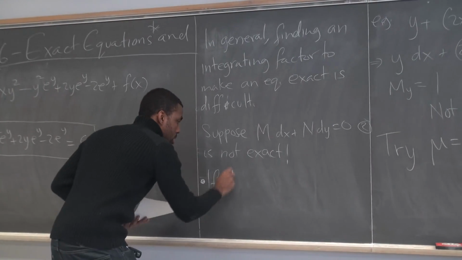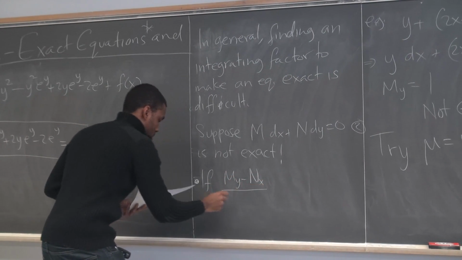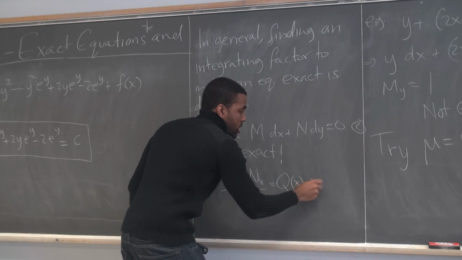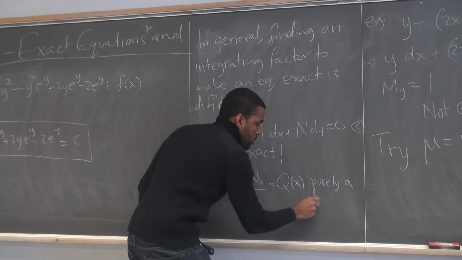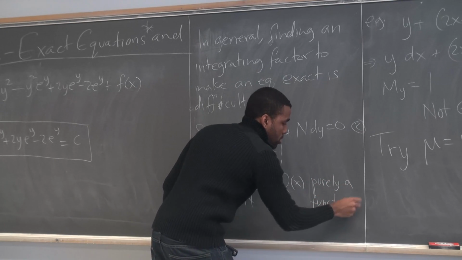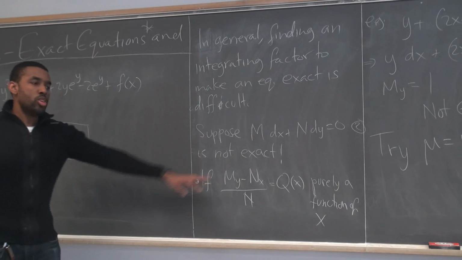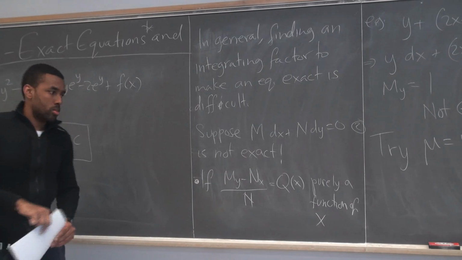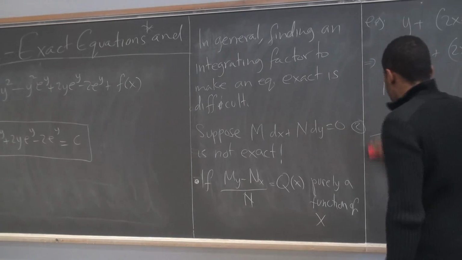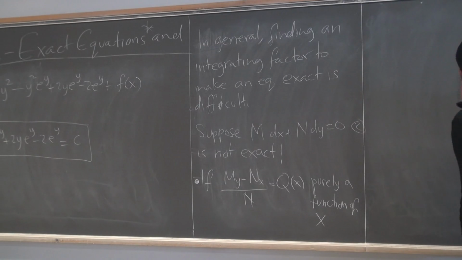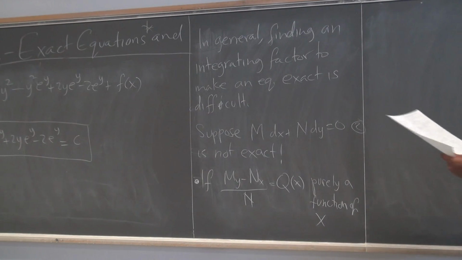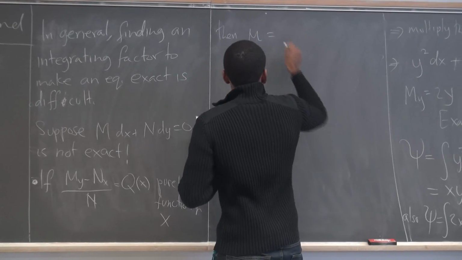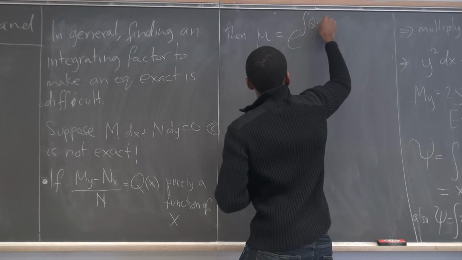If it turns out that M_y minus N_x over N is purely a function of x, let's say you take M_y minus N_x, divide by N, you get a function, but there are only x's in it, then finding the integrating factor turns out to be easy. Then mu is equal to e to the integral of that function.